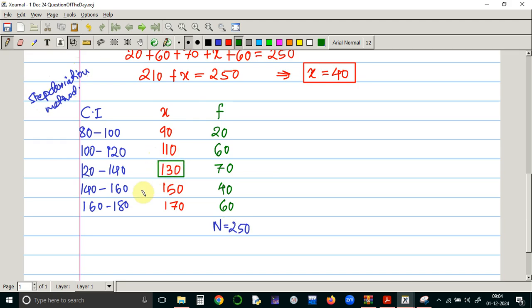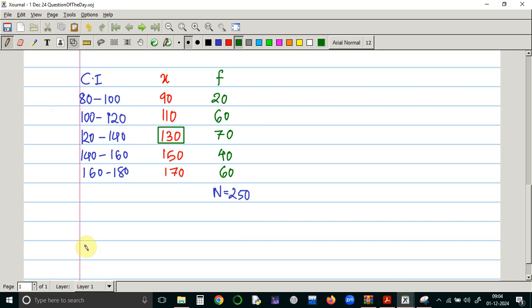Most preferably it has to be the central value of the x column. So this is my A. So I'll mention over here, my assumed mean is 130.